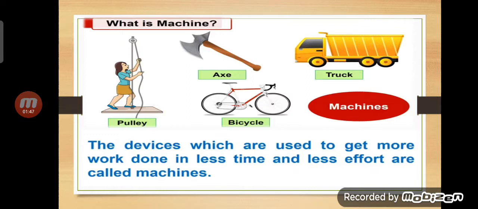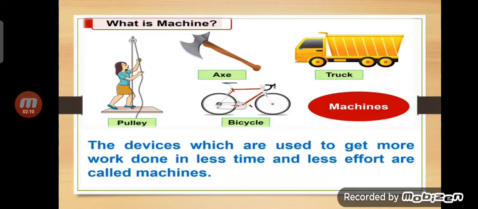So children, these devices are called machines. So let's define, children, what is a machine. Yes, the devices which are used to get more work done in less time and with less effort are called machines.